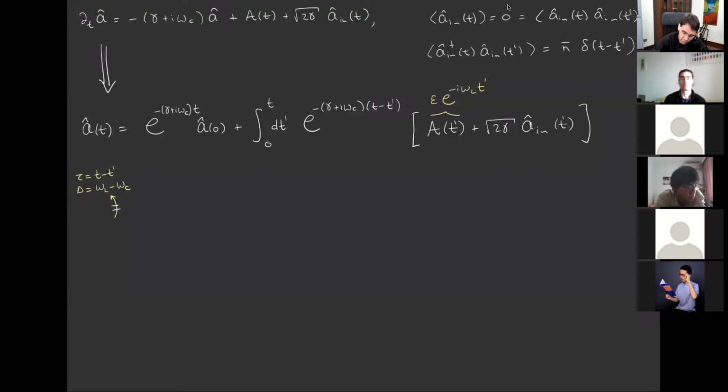Then we get just this final expression, or these final integrals. This is the initial condition term.